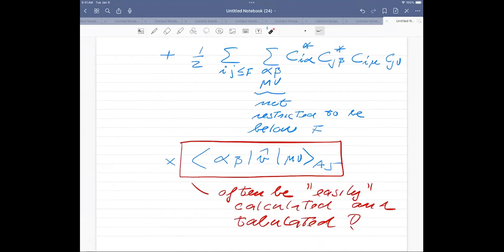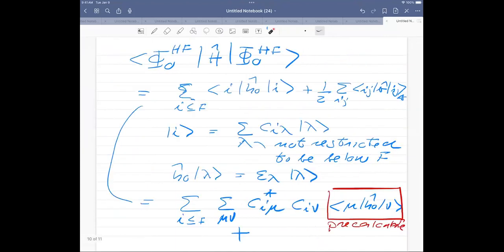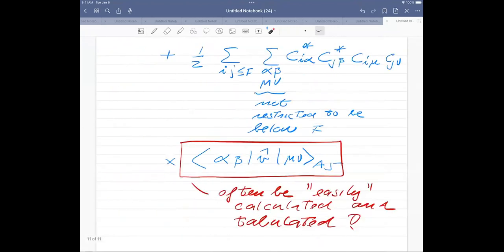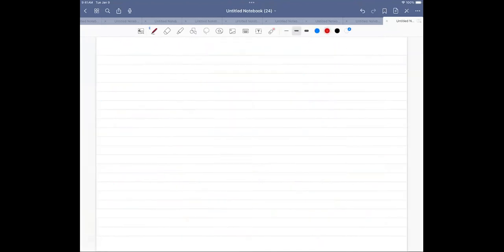So let's now go back to this functional. So we have the energy here in terms of these coefficients, and we are now going to vary these coefficients. So these are the quantities which we are going to use in variational calculus. So let's bring this up. So let's just set up variational calculus.